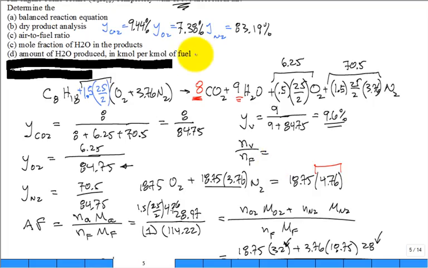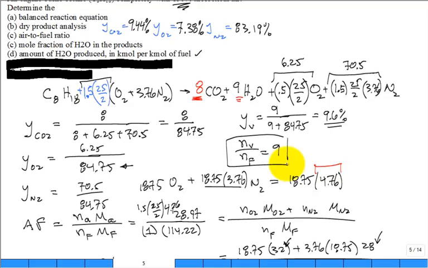For part D. It's how many kilomoles of water are produced per kilomole of fuel. So what does that answer equal to? 9. Sometimes with the questions, you just have to know what they're asking and make the observation. Like 2 people are in the room. How many people are in the room? 2? Yeah, you're right. Okay, let's move on.